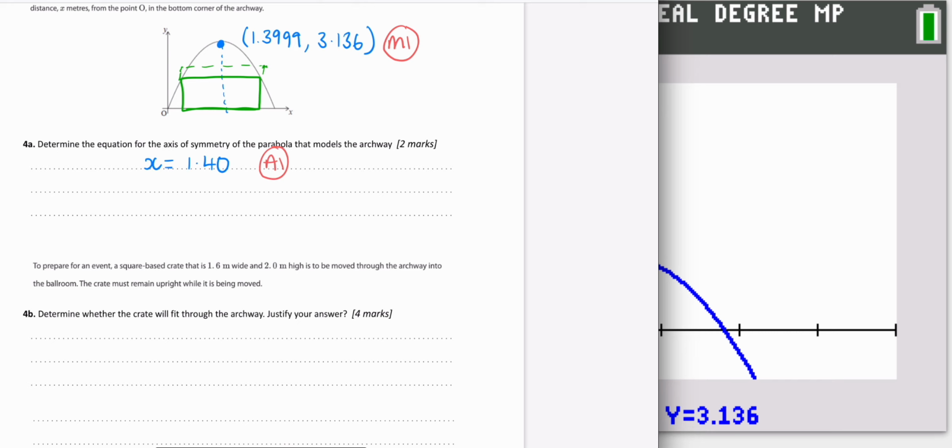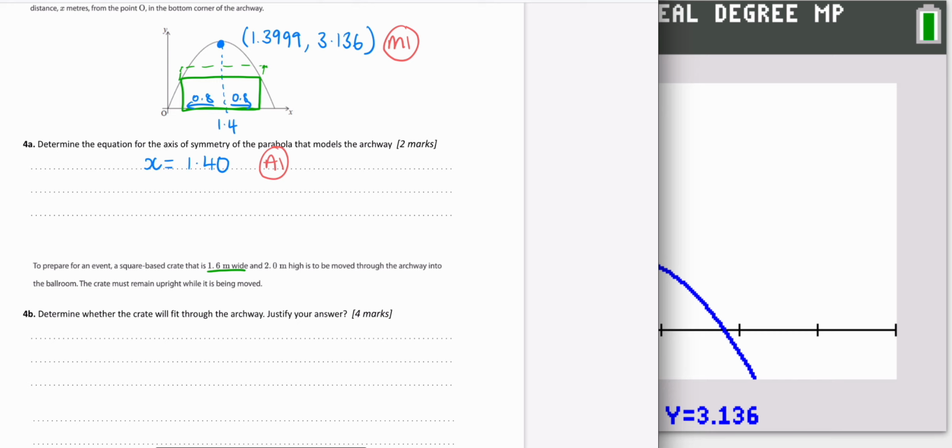So to work this out, you're told that it's 1.6 meters wide. So 1.6 meters, if we now know that the center point here is 1.4, then 1.6 wide means that we have an additional 0.8 on both sides of my central point or center of axis.